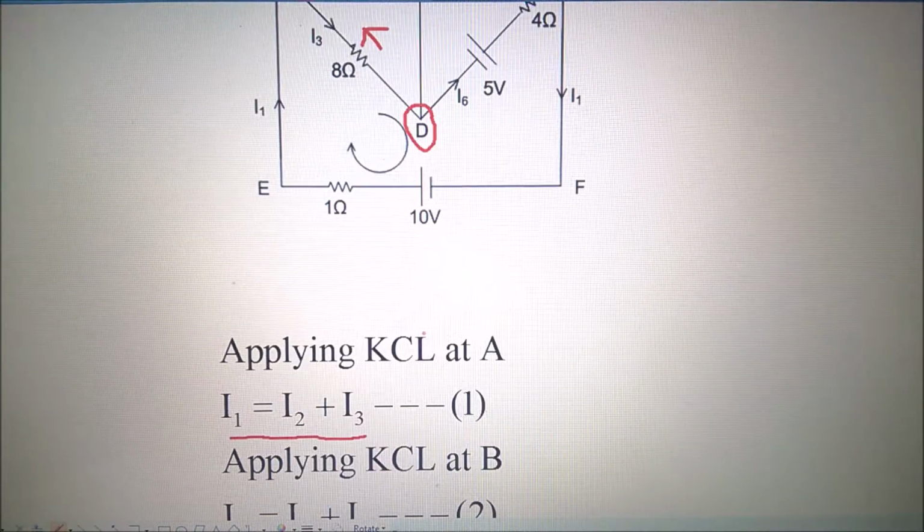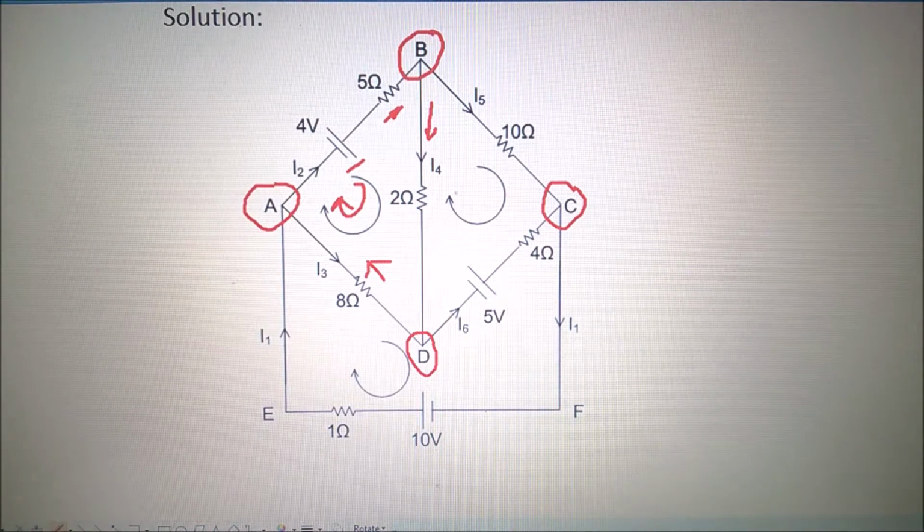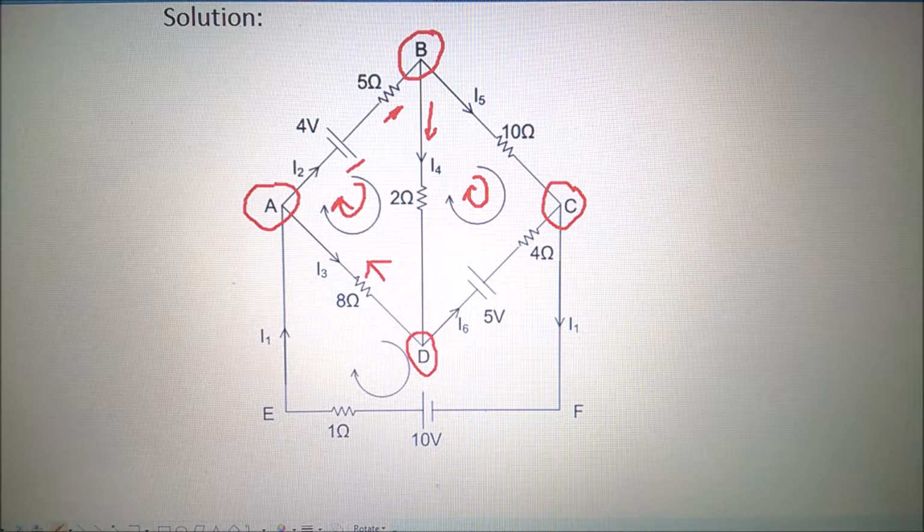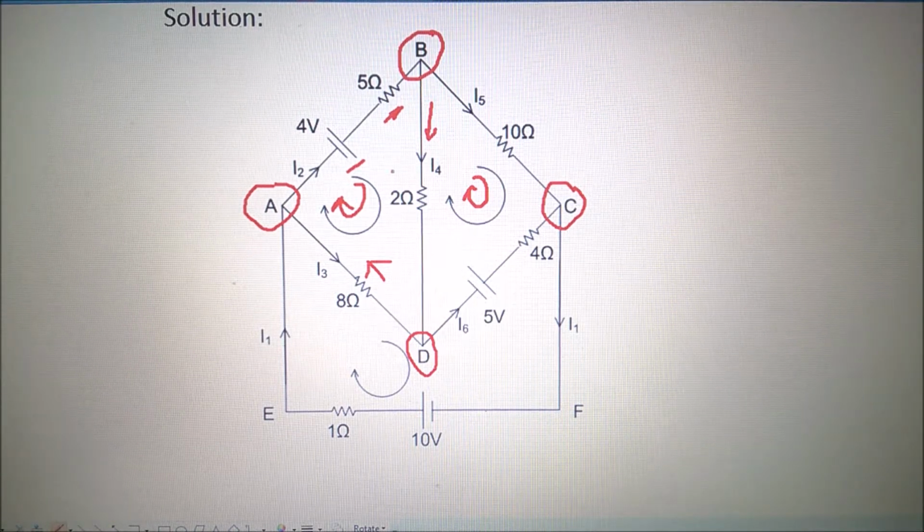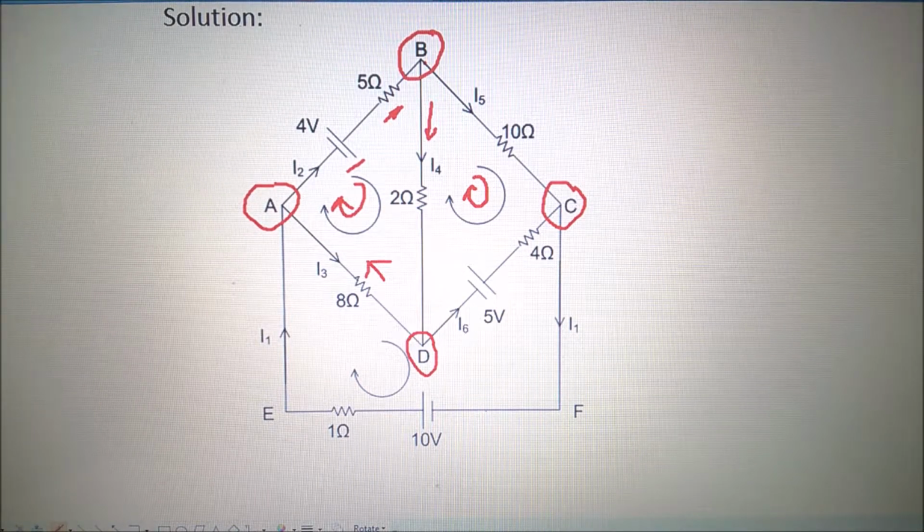Now we'll apply Kirchhoff's voltage law to the mesh, the loop B, C, D, and B. We are moving in the clockwise direction. Therefore, if we move from B to C, we are moving along the direction of current.